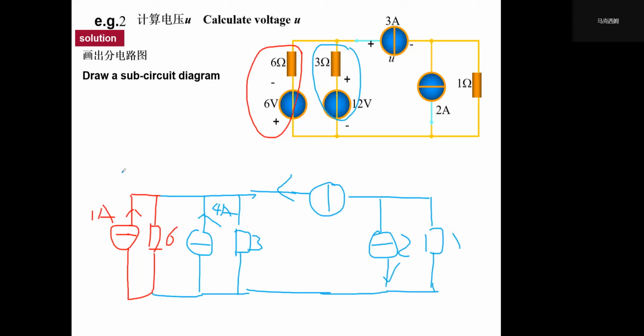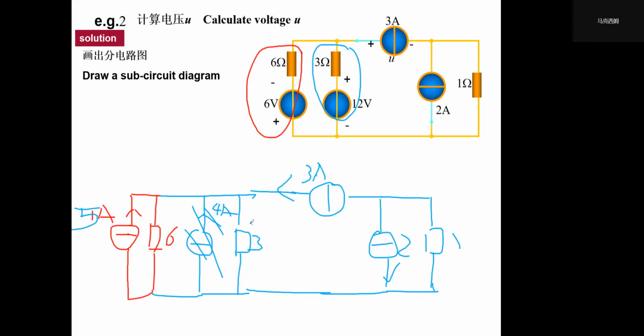And together we have this. Then it's very easy to calculate, and we can combine those two together, right? This is a 5 ampere, right?